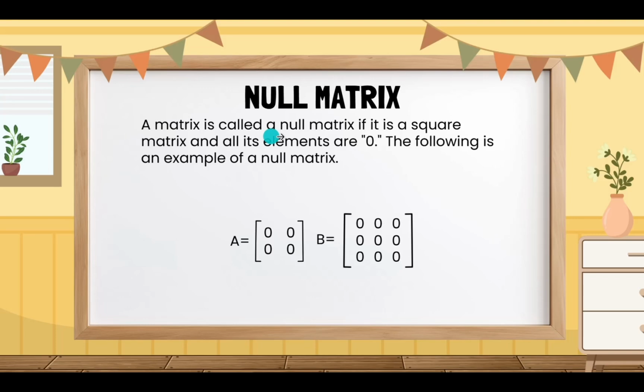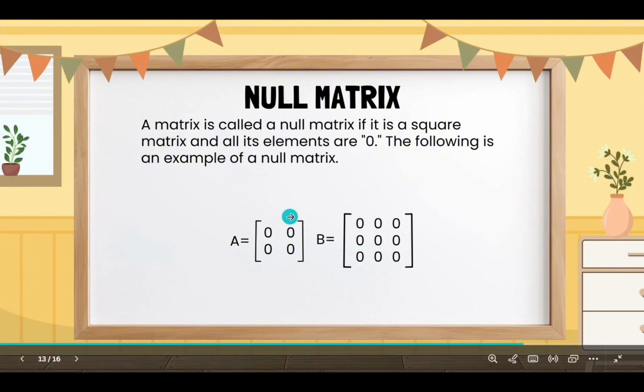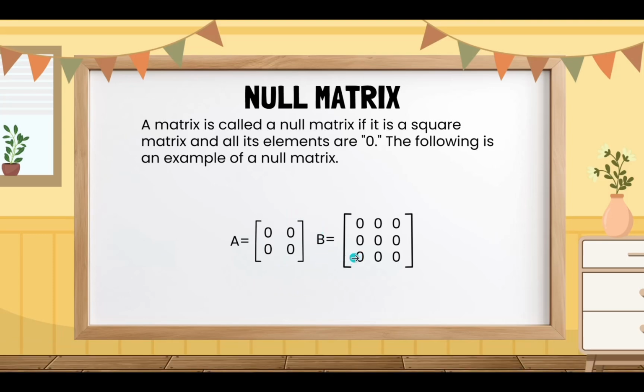So all the elements inside the matrix are going to be equal to 0. For example, right here we have the A matrix, 2 by 2, with all elements equal to 0, and then the B matrix, 3 by 3, also with all elements equal to 0.